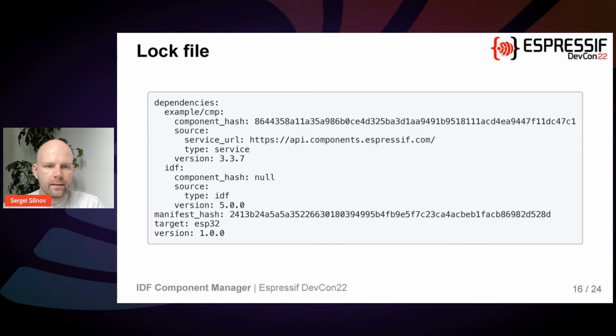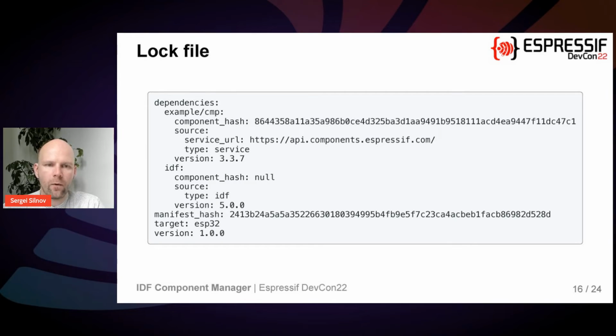As I mentioned before, the dependencies log file contains a list of information about all the dependencies. In our project, we have only 2. Every dependency also has a hash sum and a source where it was downloaded from. Also, this file contains the manifest hash sum.